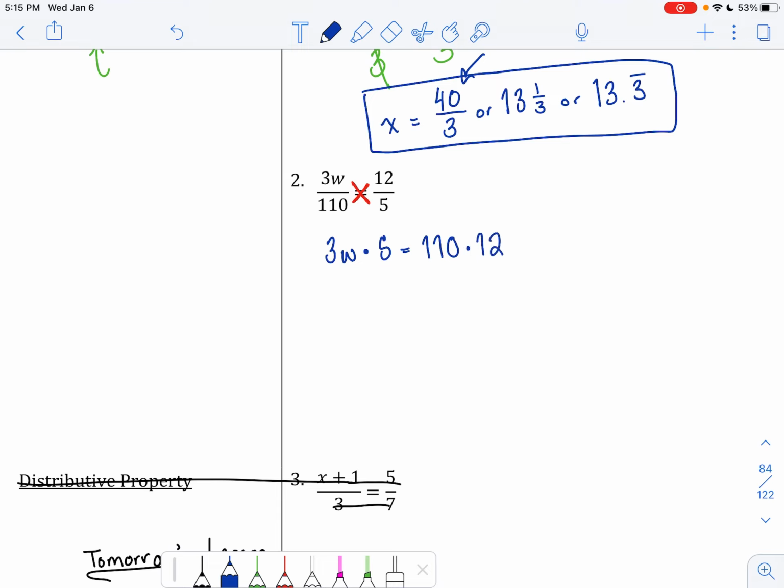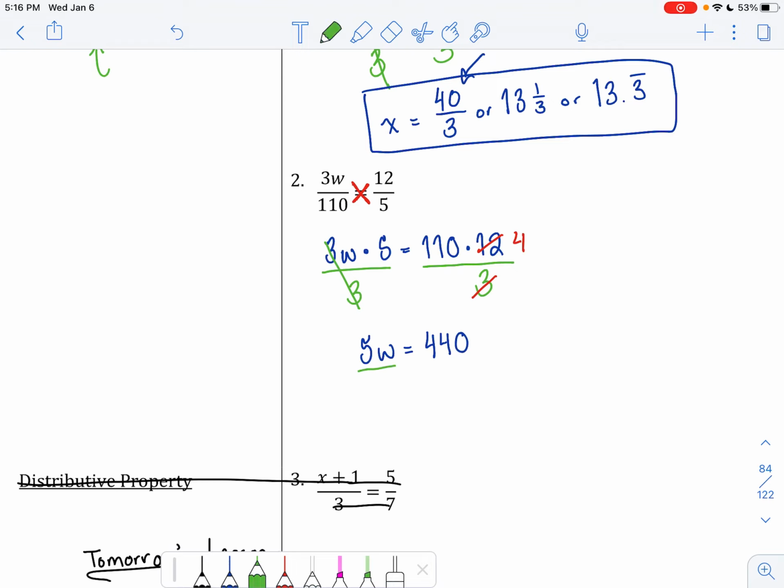Now, one thing that I'm going to do to be a little bit sneaky is that instead of simplifying right away, I'm going to actually do a little division, because I want to get w by itself. I would divide by 3 anyway. And then when I divide by 3 here, the 3 and the 12 cancel out and leave behind 4. So then I get 5w is equal to 440, which is just a lot easier math to do in my head.